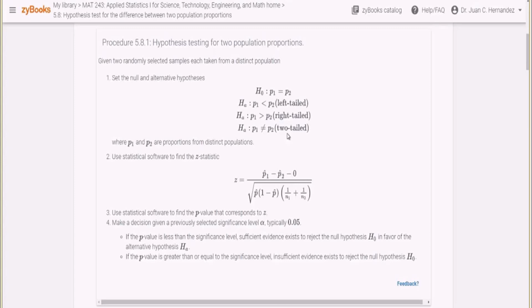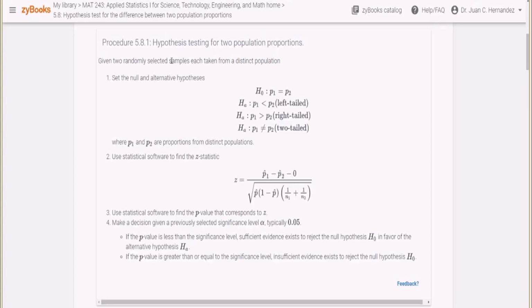We saw that the steps to carry out the hypothesis tests were pretty much the same as what we did last week, with the difference being that the null and the alternative hypothesis involve two population parameters as compared to one last week, and our test statistic is slightly different. So when we perform hypothesis tests for the two population proportions, can you walk us through some of these steps here for the hypothesis test?